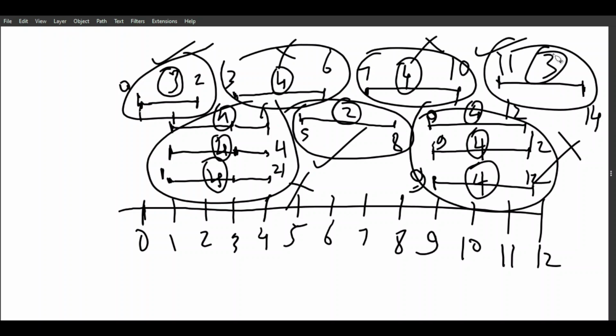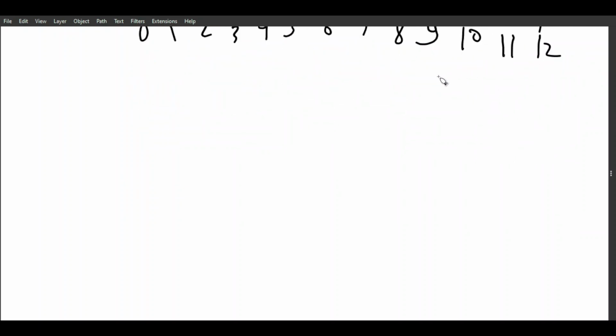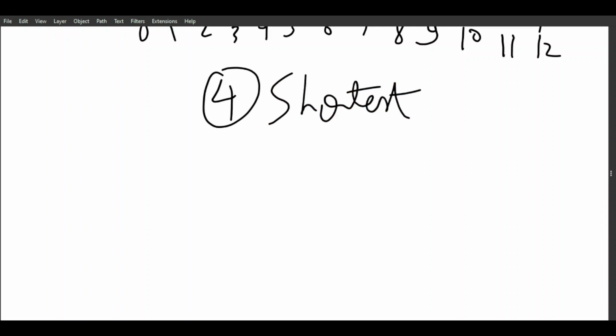Now our final heuristic that will satisfy the greedy choice property is shortest finish time first. Fourth heuristic we see: shortest finish time first.